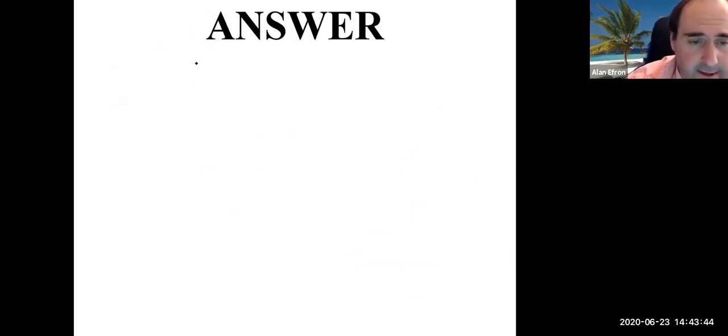So going back to our original equation, x squared over 0.15 minus x equals 5.6 times 10 to the minus 4.